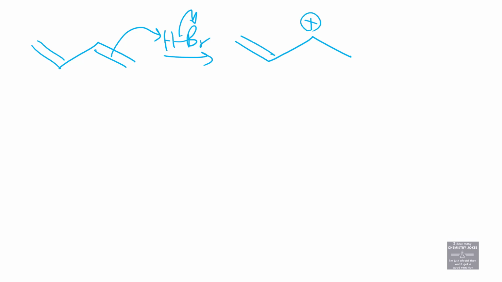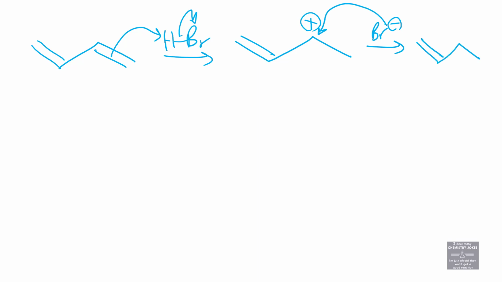I have an alkene that is conjugated. That conjugated alkene, they're equally substituted, so it doesn't matter which one I attack that H with. Either one is going to lead to a secondary carbocation. So then that secondary carbocation can be attacked by bromide.